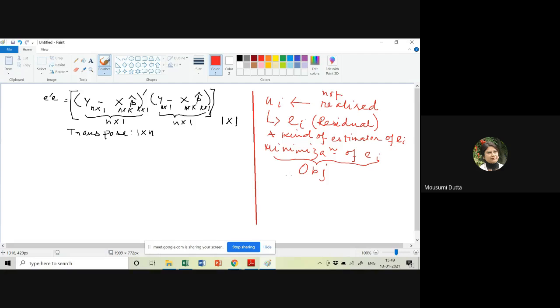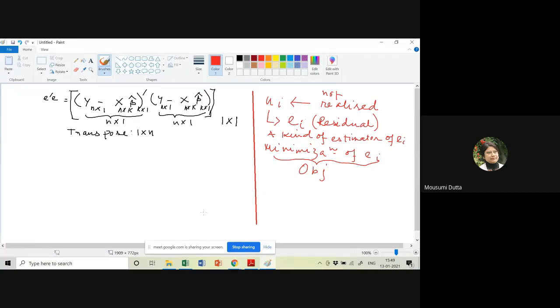This residual can be positive, this residual can be negative. To avoid the directions of EI or directional claims regarding residual, we consider EI square.